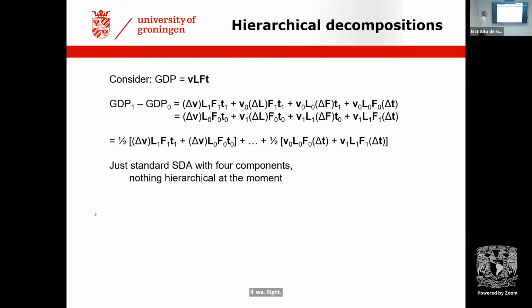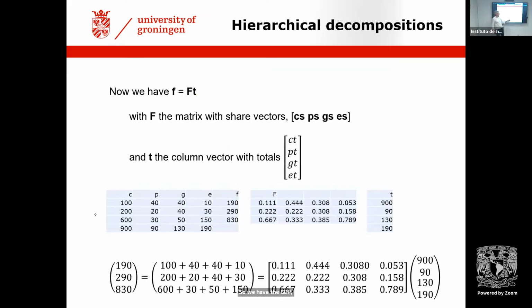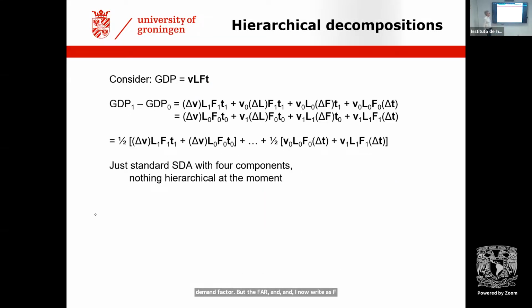Now, so we have the GDP is V times L times the final demand vector. But the final demand vector, I now write as F times T. So the decomposition becomes a little bit more complex, larger.